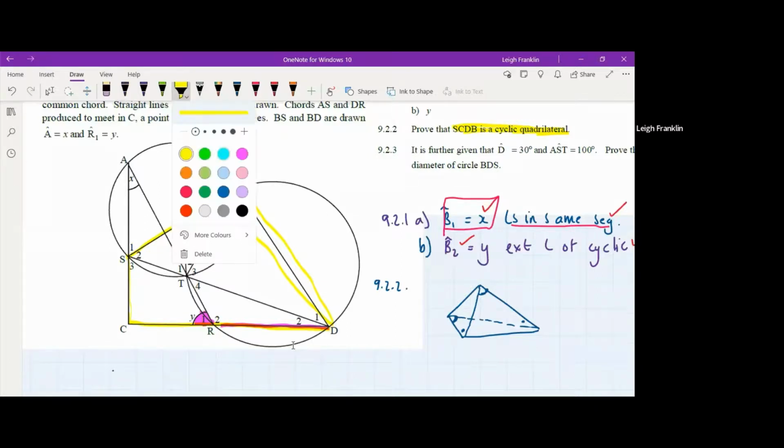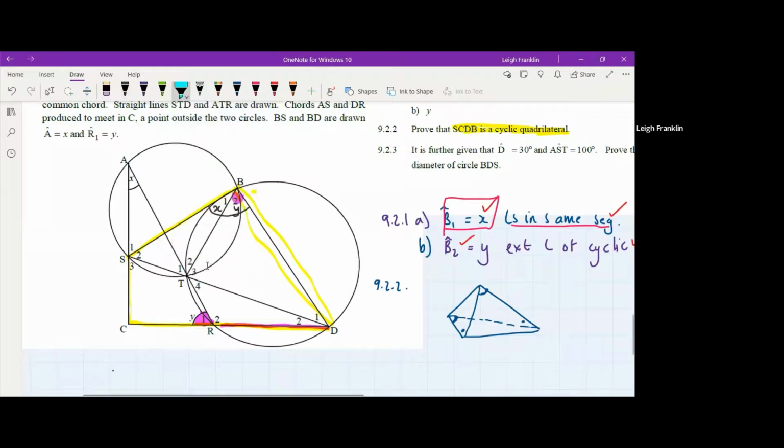Okay, so now what I want you to do is look at this. We've identified that X plus Y is one of the angles inside the cyclic quad. Now we go back and we say, well, where were X and Y originally? Y is this angle here and X is that angle there. How are X and Y connected?